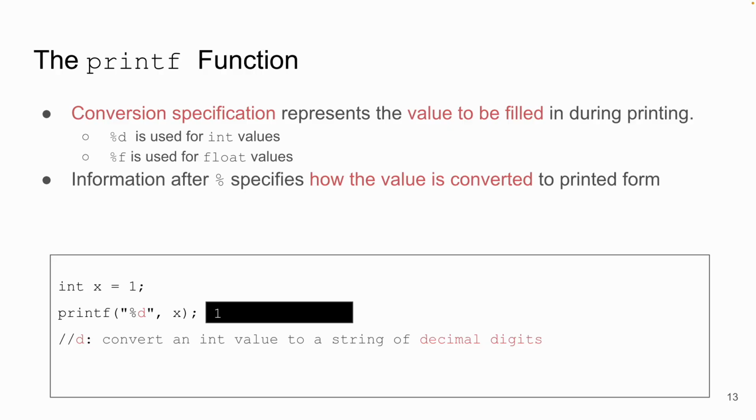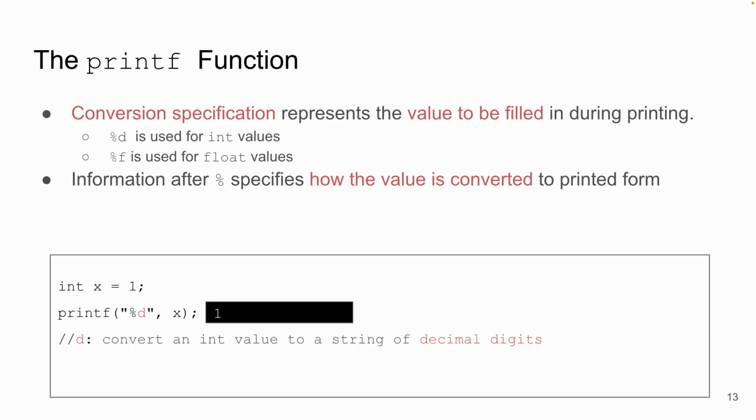So conversion specification can help us. Usually a conversion specification represents the value to be filled in during printing. So this conversion specification will let us know what kind of value should be filled. If we put %d, d tells the computer that when I print this value, I should print it as an integer value.